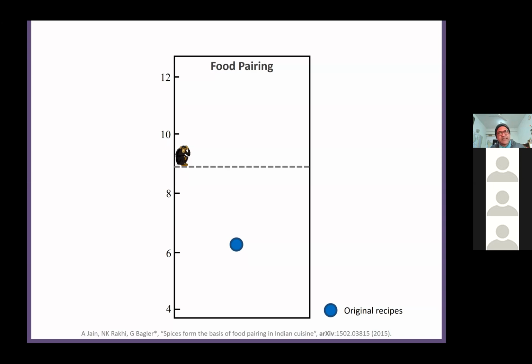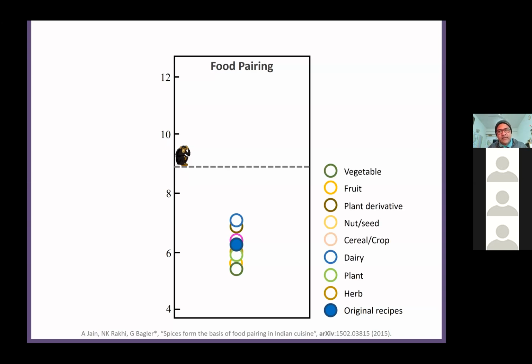That's the reason we categorize them as fruits, because they have a similar flavor profile, similar sweetish, savory kinds of molecules present in them. Vegetables likewise have similar kinds of molecules in them. That's why we call them vegetables. Thereby, we found that random intra-category shuffling of ingredients doesn't change the food pairing index much. It changes it marginally from the original food pairing pattern that I had shown you earlier.